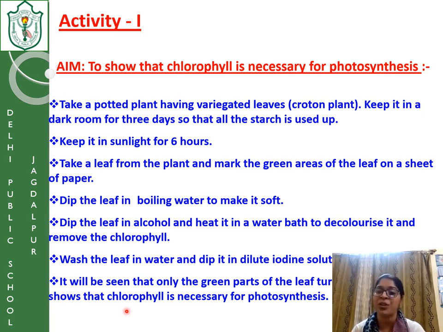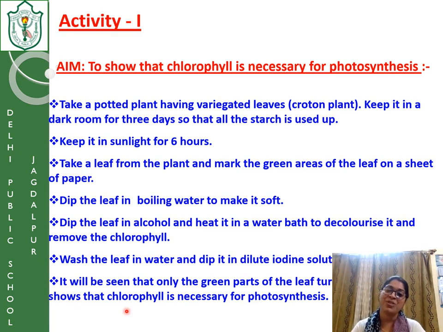That means it broke down the water molecule, and reduced the carbon dioxide by combining hydrogen with carbon dioxide, and it changed into glucose molecules. Those glucose molecules combined together and converted into starch.